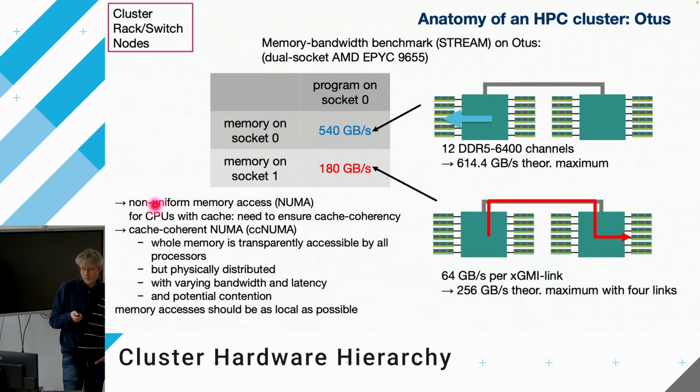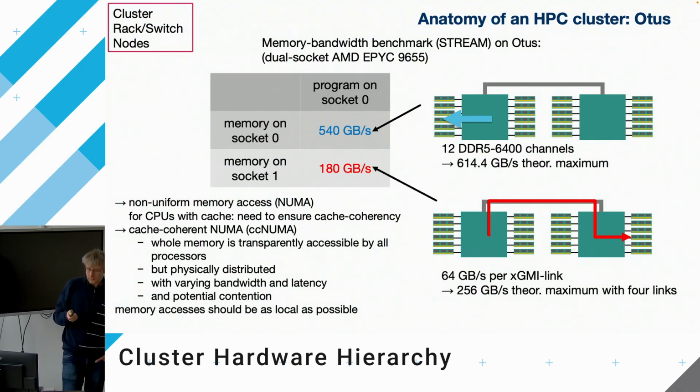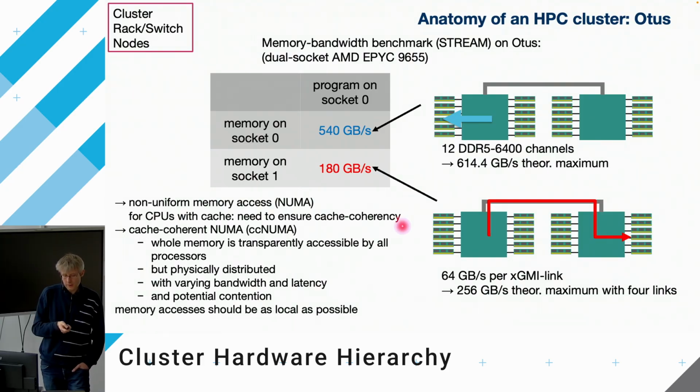At the same time, the coherency of the data is still upheld. For example, if one process is doing something with data in the main memory of one socket, and then the other process is accessing it, there's still coherency in the logic of your program. The CPUs also have caches, so this becomes complicated, but the CPU basically has certain guarantees that the caches in the CPUs have coherent data.